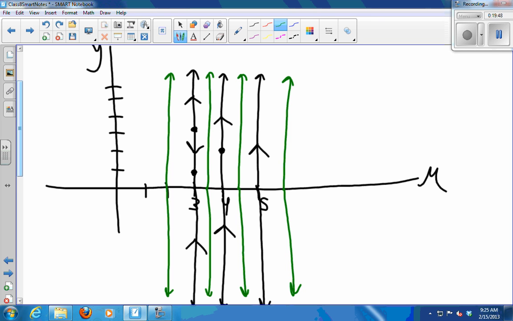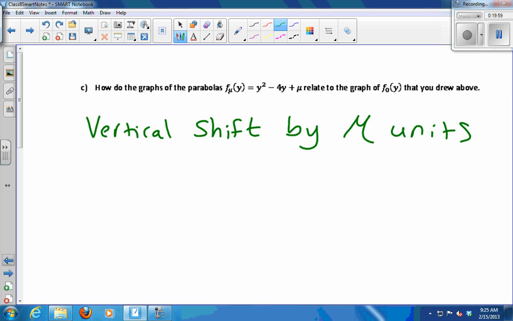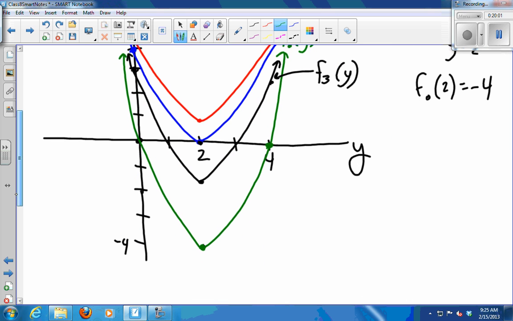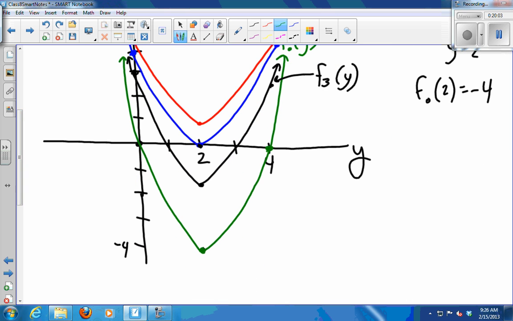Okay, so if I have a phase line at mu equals 2, how many equilibrium points will it have? 2. If we go back and look at the parabola, mu equals 2 would be shifted up 2 from the green one. It's going to have 2 equilibrium points, somewhere between 0 and 1 and between 3 and 4.